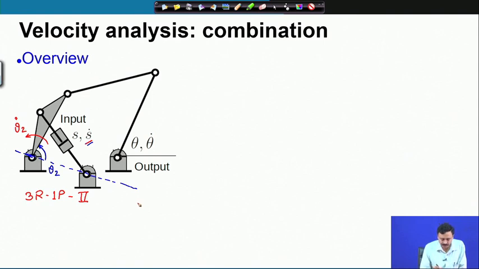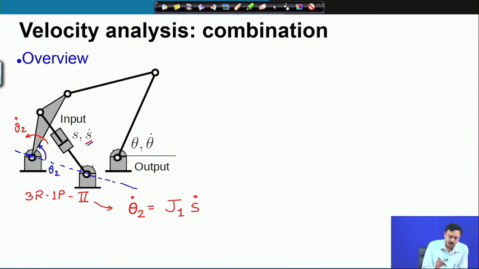So, I have this relation: theta 2 dot is equal to, let me call it J1 S dot. This we have derived, this is for the 3R 1P chain.